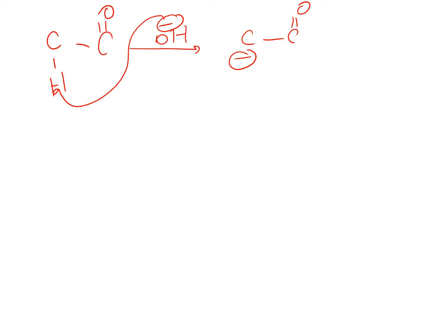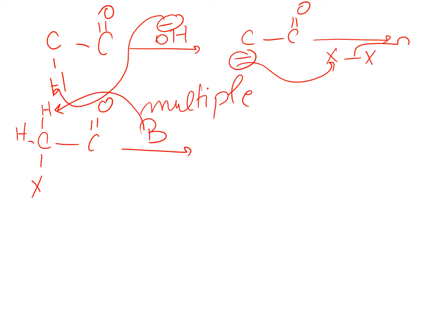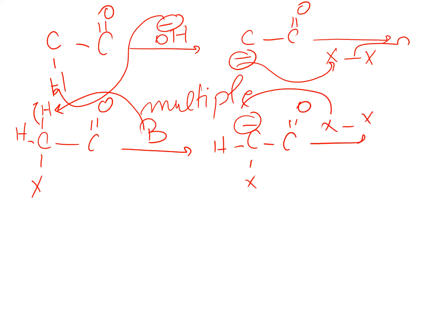Now you have a carbon carrying a negative charge and you have a halogen in your medium, so the carbon carrying the negative charge will attack the halogen and give the halogenated compound. In this case, your halogenation will be a multiple halogenation, which means that if you have another hydrogen on this carbon, again the base will abstract this hydrogen, putting a negative charge on the carbon and attacking another molecule of the halogen.